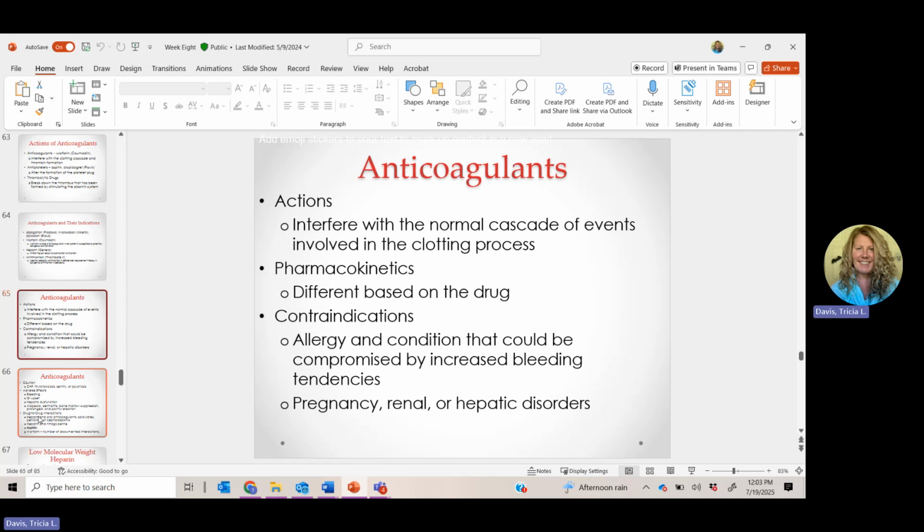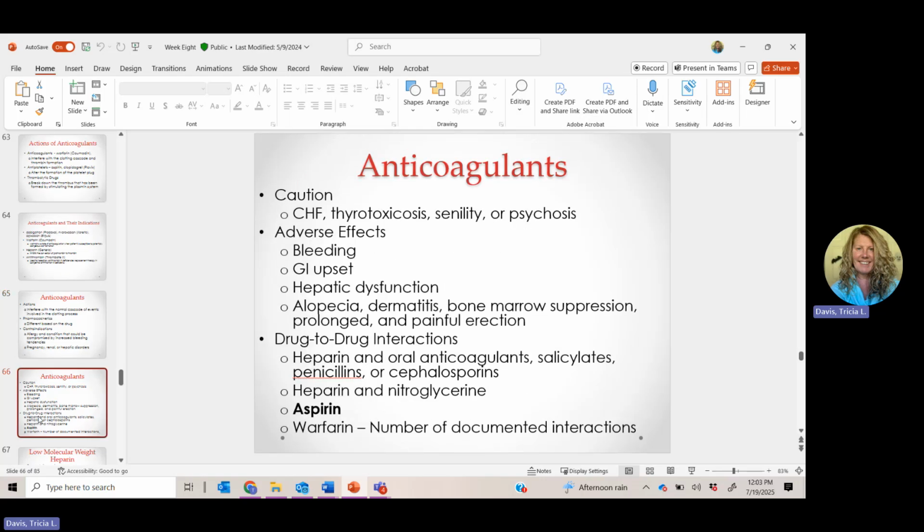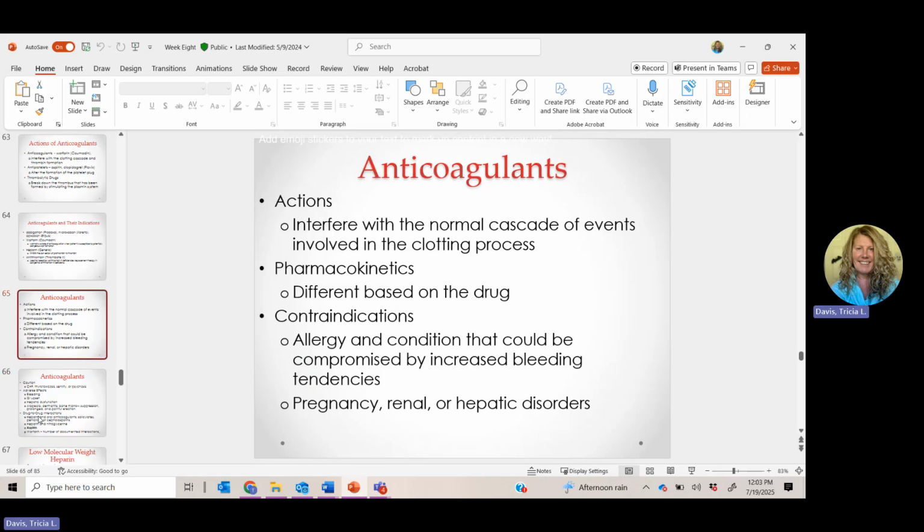Contraindications: we would not give these medications to anyone that could be compromised by an increase in bleeding tendencies. So if you are already on some type of anticoagulant or antiplatelet, we wouldn't want to give these medications. Or if you don't have enough circulating blood in your body.